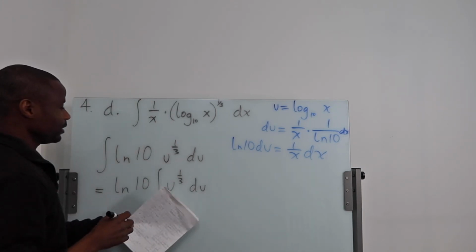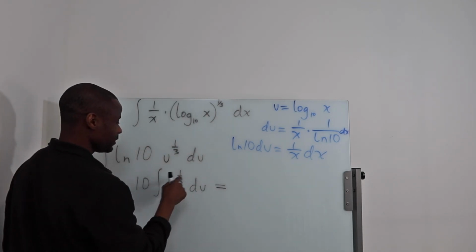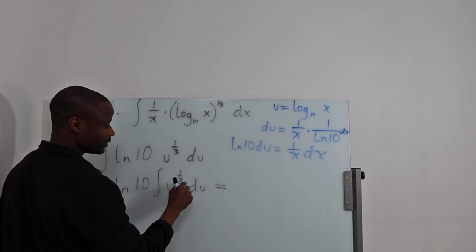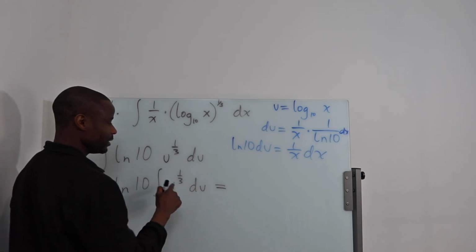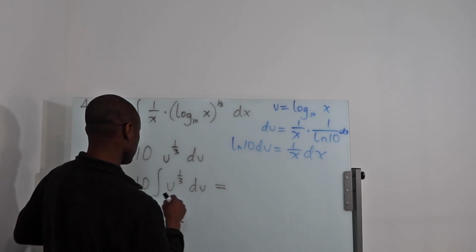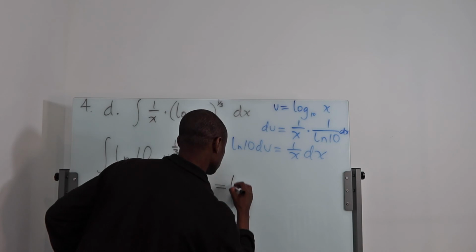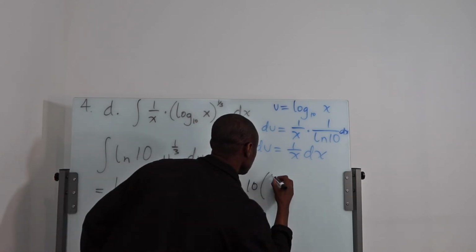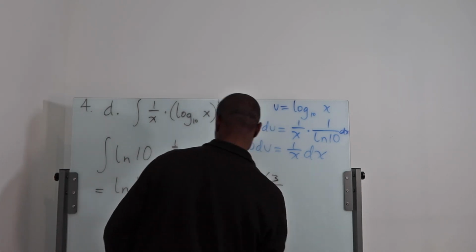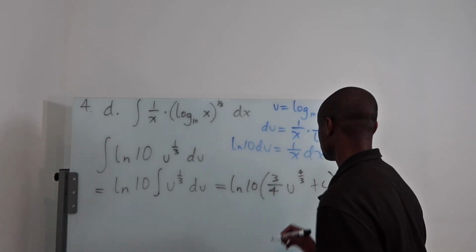And to solve this, we know we are going to simply add a 1 to the current exponent, which becomes 4/3, and then the reciprocal divides by that, multiplied by natural log of 10. So that gives us the natural log of 10 times 3 over 4, u to the 4/3 plus c.